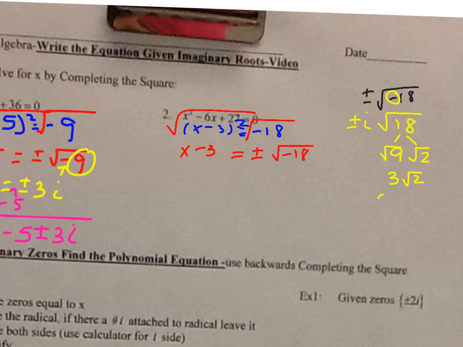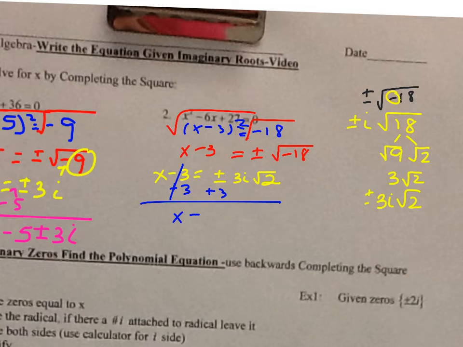So it would be 3i, the square root of 2. Okay? So it would be x minus 3 equals plus minus 3i, the square root of 2. And then we're going to add 3 to both sides to solve for x. x equals, put the 3 in front of the plus minus, 3 plus minus 3i, the square root of 2.